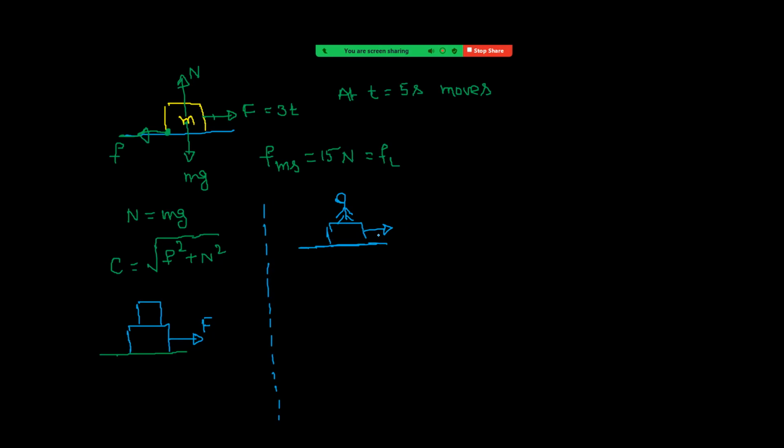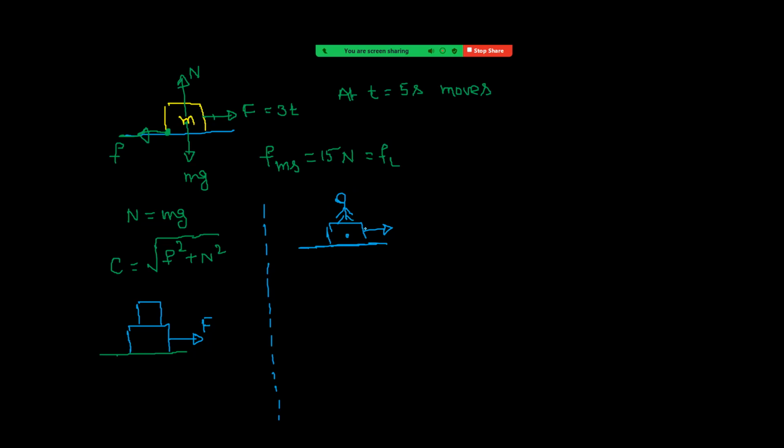See where the change is coming. When a person is sitting on this block, at the contact, the normal reaction is increased, right? Because at this contact the ground's normal reaction supports, balancing the weight of the person and this block. So when a person is sitting on the block, it becomes more difficult to move the block. So if you want to move the block, we have to apply more force. Suppose the person's weight is more, we have to apply more force.